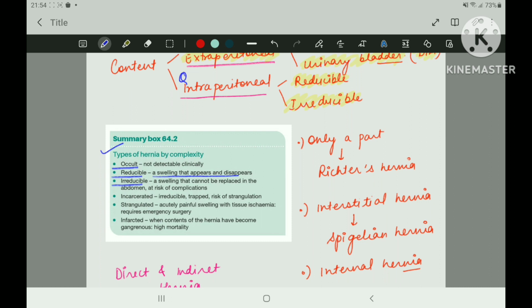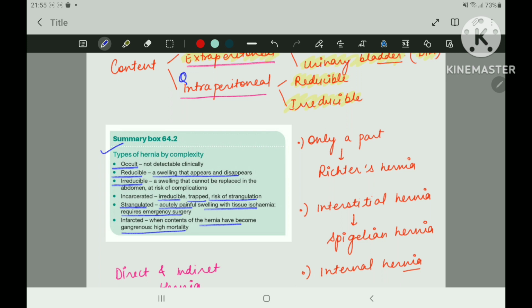Then incarcerated, which literally means something that is in prison. It is an irreducible hernia that is trapped, and there is a risk of strangulation. A strangulated hernia is an acutely painful swelling with tissue ischemia, and it requires emergency surgery. And an infarcted hernia is when the content of the hernia has become gangrenous, and it is associated with sepsis and high mortality.